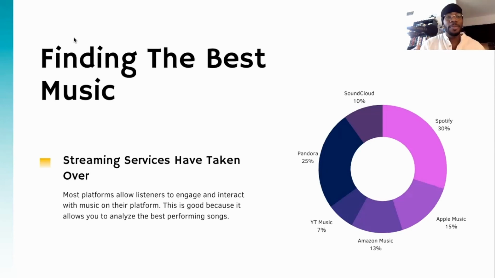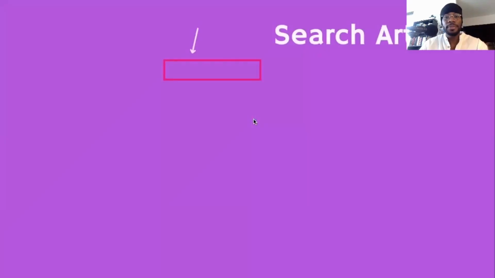If you go on other artists' pages on any platform, there's usually data there, meaning plays, likes, reposts, and comments on their music. So you can identify which of their songs has been performing the best, and you can do the same exact thing. Just listen to their music and model what's working.